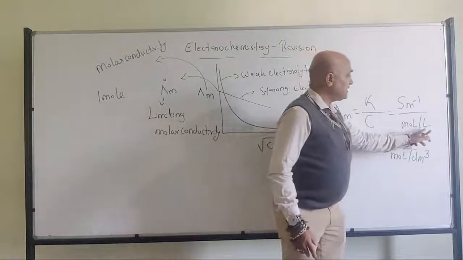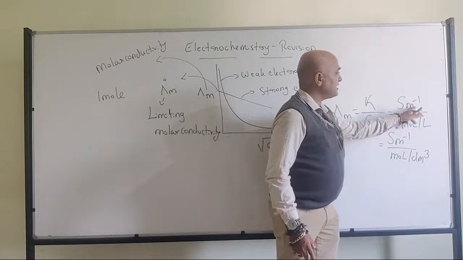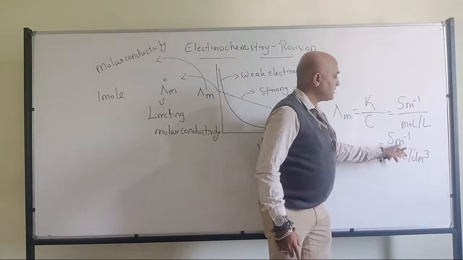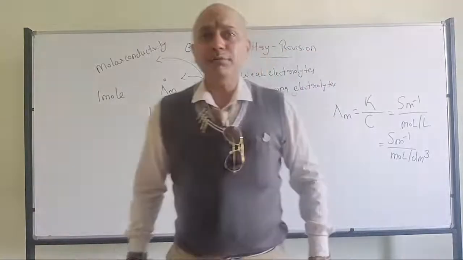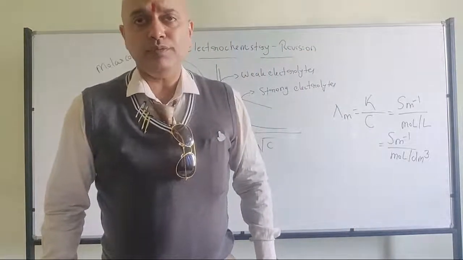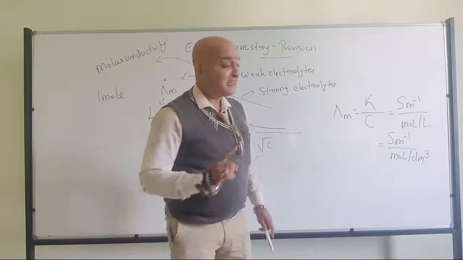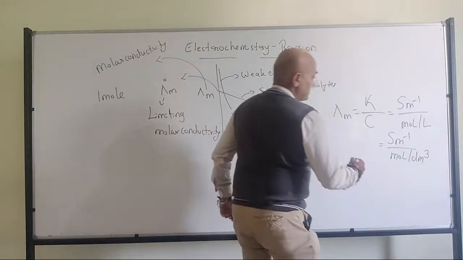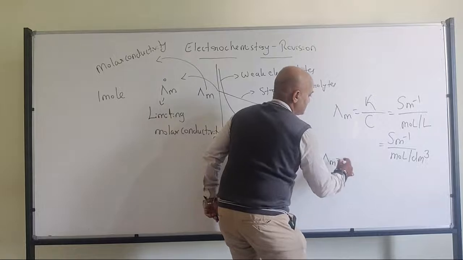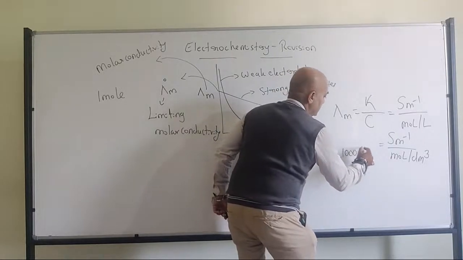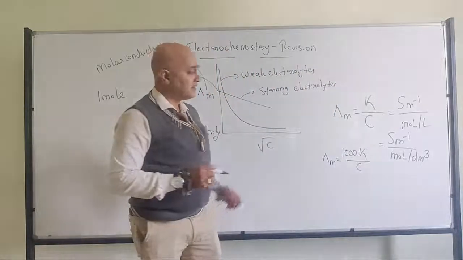So that's where we have moles per liter. Since the other unit is per meter, I will write it as moles per dm cube, because liter can be expressed in dm cube. 1 liter is equal to 1 decimeter cube. So in turn, I can tell that molar conductivity is equal to 1000 into kappa divided by C. Whether I am clear?